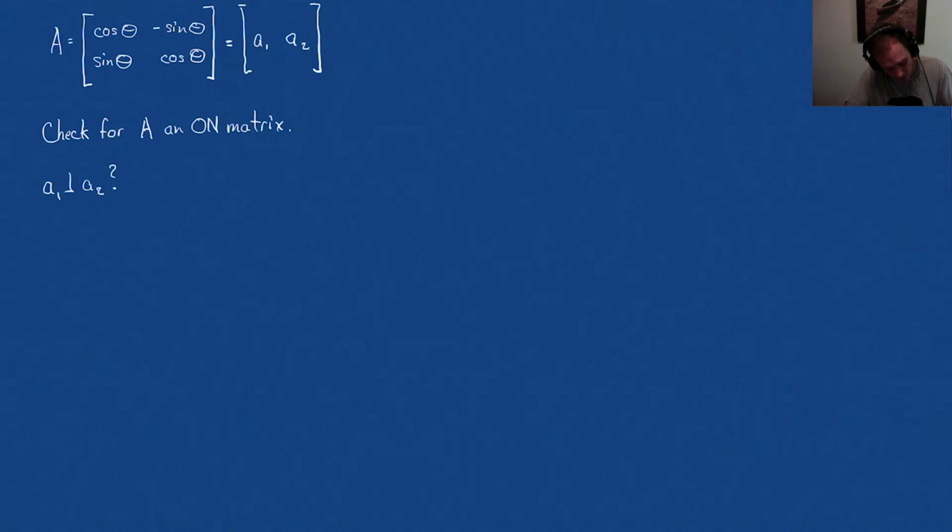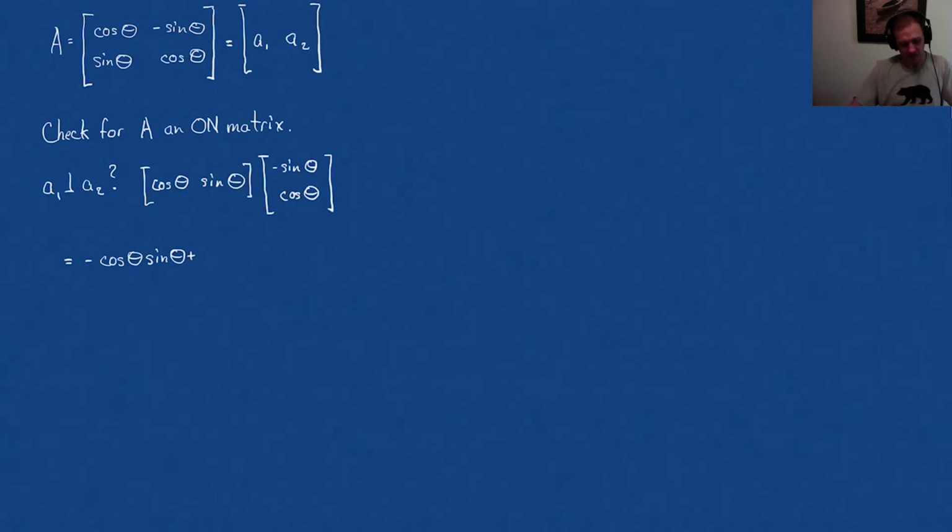Well, that means that I would take cosine theta, sine theta, so that A1 transpose, this is just A1 transpose, times A2, minus sine theta, cosine theta. Well, that is equal to minus cosine theta sine theta plus, let's see, whoops, I just lost track of where I was.